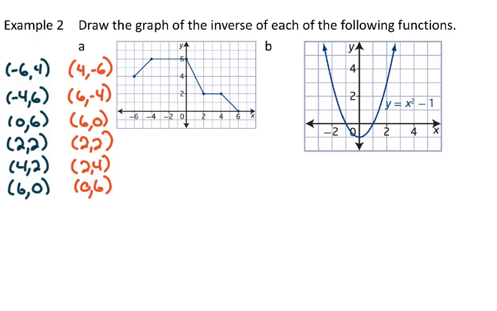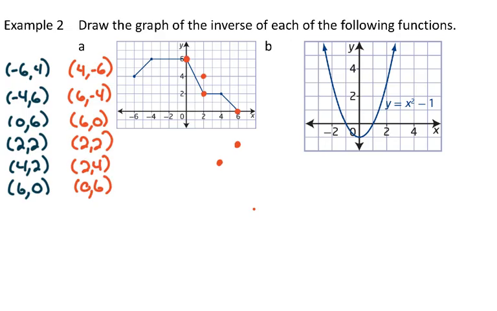To get the graph, we'll just graph these points out. I'll have to go a little bit beyond what's there. So 4, -6 would be about here. 6, -4 about there. 6, 0, that's easy. 2, 2. 2, 4.